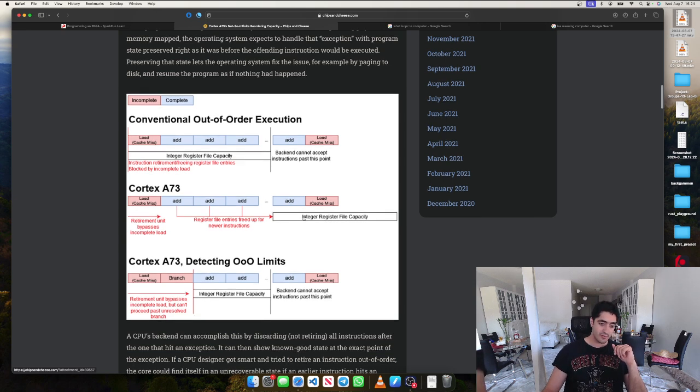Cortex A73 detects limits. You load, branch, add and add, retirement until bypass. Okay.